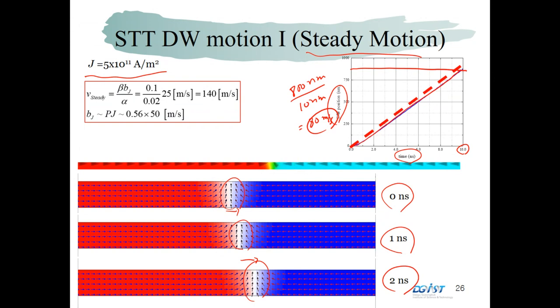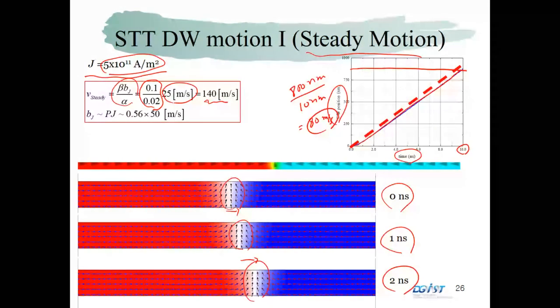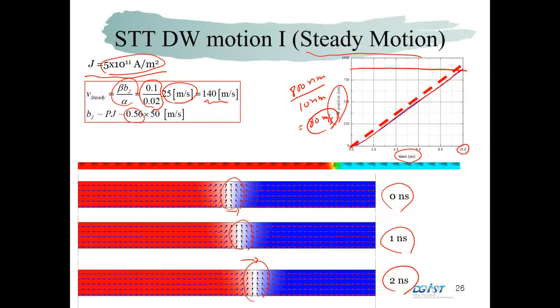In this simulation, I put in this relation, this constant, and this value corresponds to 25 meter per sec. So we obtained around 140 meter per sec by this relation. In this calculation, I used a spin polarization P value of 0.56, and the corresponding j for this one is about 50 meter.